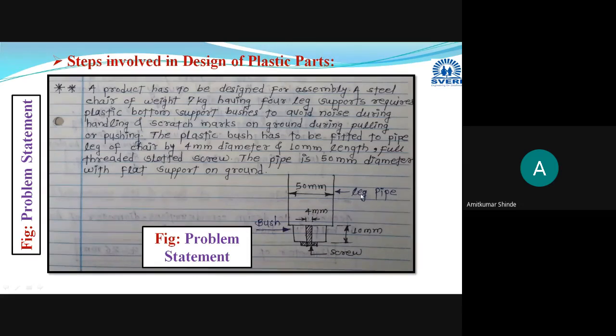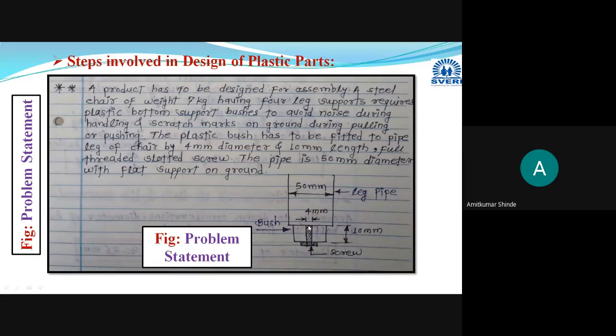Suppose this is one leg of the chair. They have provided the diameter of that leg pipe as 50 millimeter, and this is your bush, and this is the boss. You are going to attach this bush to the leg of the chair with the help of one screw.